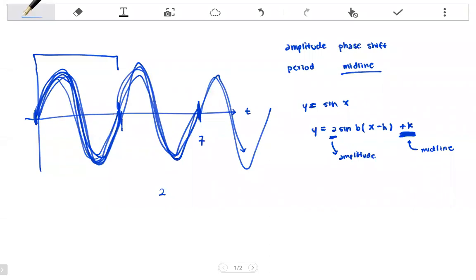We know this is 7. Well, then what is one period? Well, this is one, right? And this is another. This shape, this wave happened 2 times in 7 seconds, which means that our period is 7/2 or 3.5.